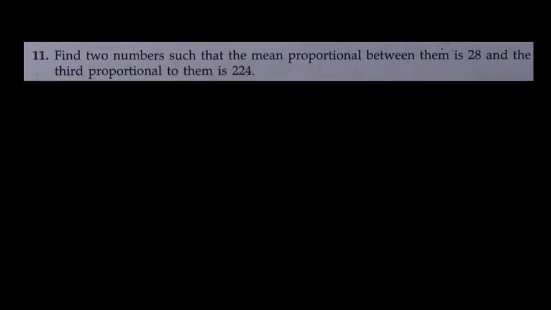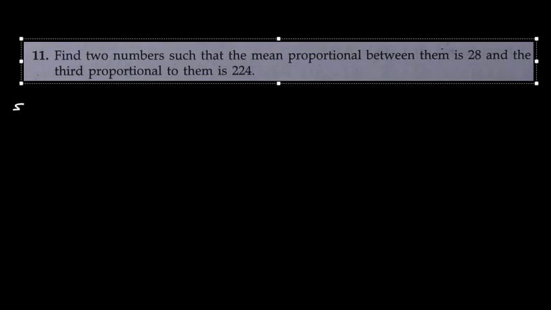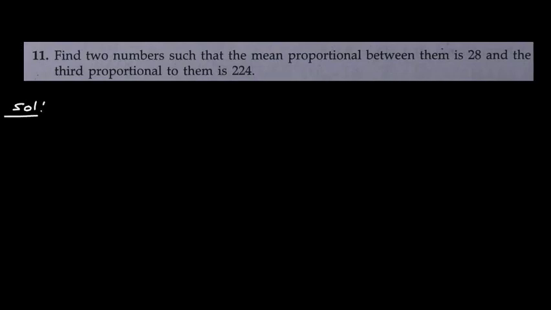Now here the next question is find two numbers such that the mean proportion between them is 28 and the third proportion of them is 224. Okay, so we have to find two numbers. Now this problem is little difficult, I think, because here we have to find two numbers.